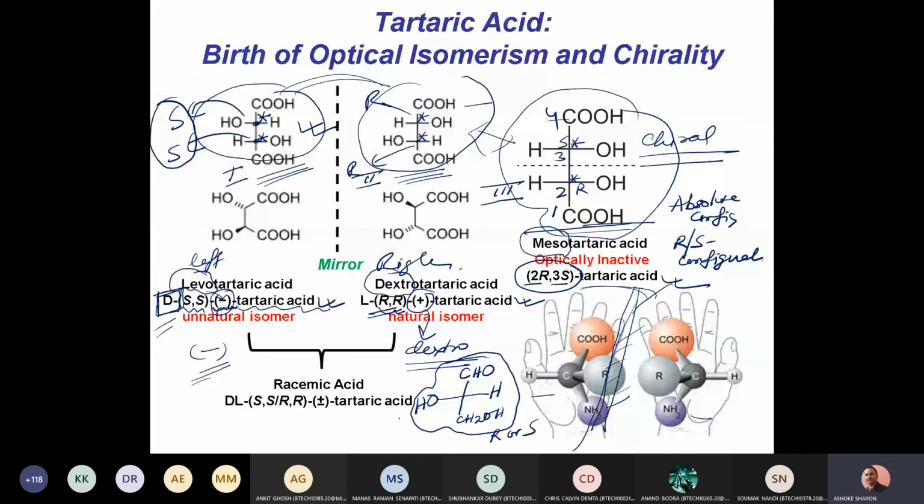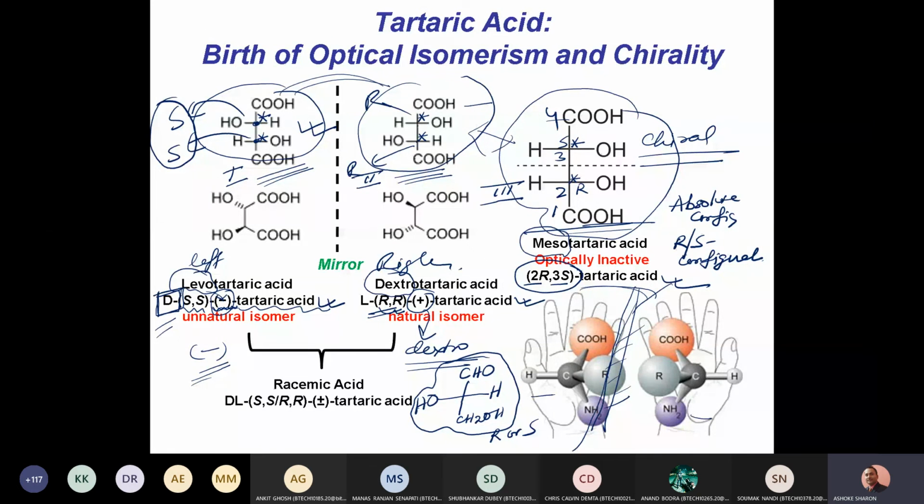Anyway, we will discuss in the next class how to assign RS configurations, and this RS configuration will be in your quiz also.